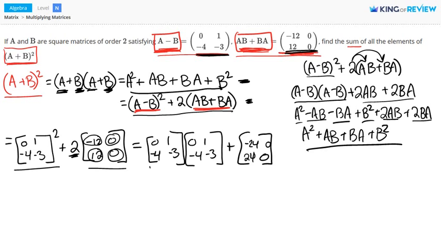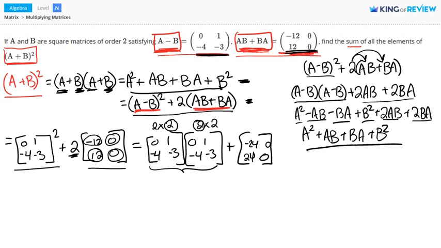The next step is to multiply these two matrices together. Now the product of two matrices is defined as long as the number of columns in the first matrix is equal to the number of rows in the second matrix. So this is a 2 by 2. This one is as well, 2 rows by 2 columns. And because these two numbers are equal, we are allowed to multiply these matrices together.